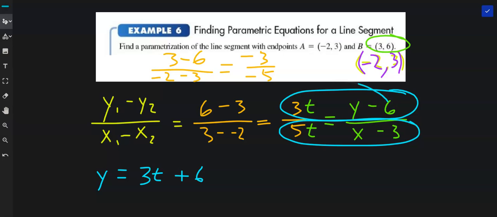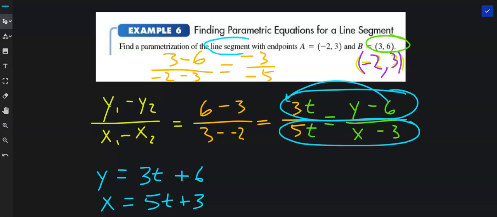No, all you're doing is adding the 6 to the other side. How about that x equation? 5t plus 3. Now those two actually create a line, unless you specify the parameters of t.